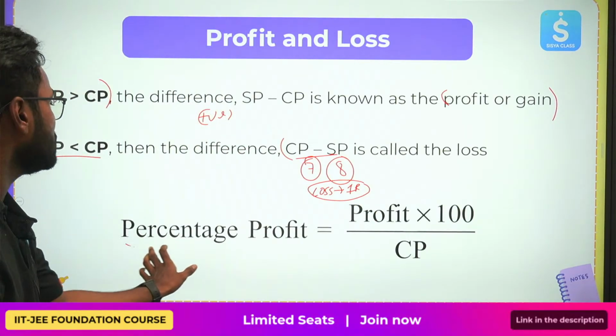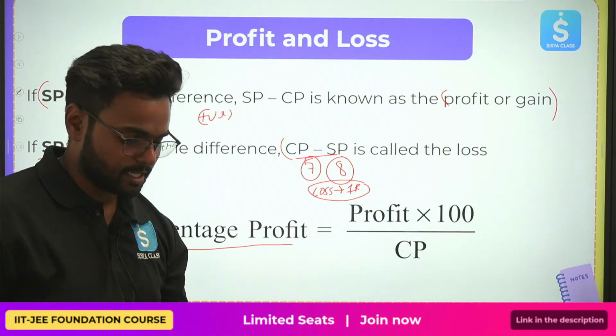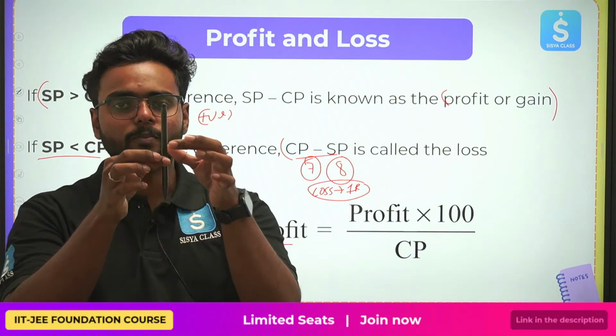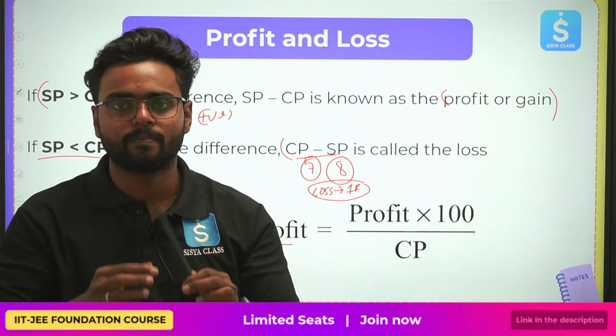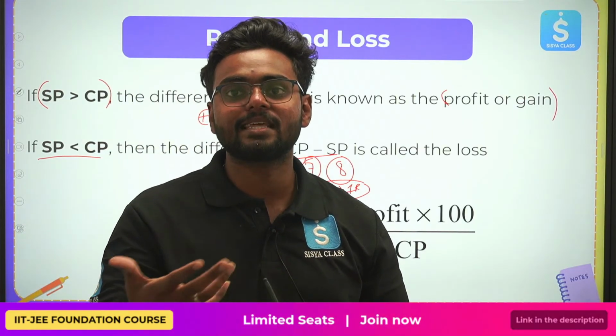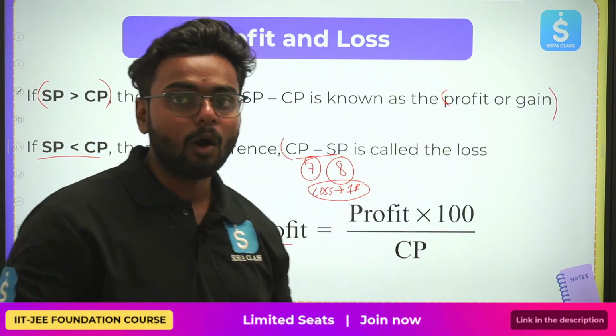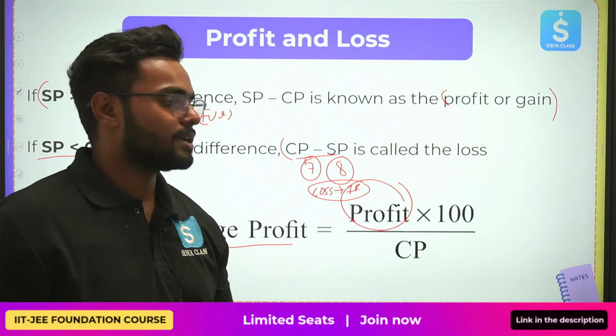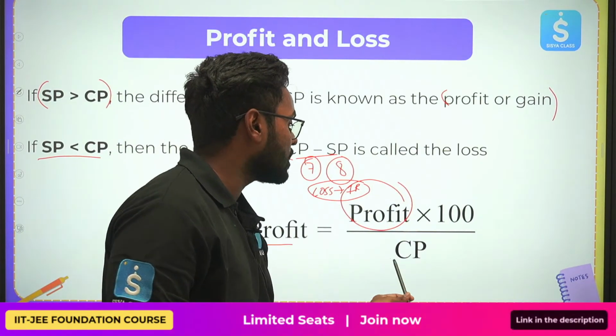Now coming to loss or profit percentage, right? If I am selling this at 10 rupees, where the original cost was 7 rupees, the profit is 3 rupees. What is this 3 rupees in terms of percentage? How would I get it? It is nothing but the profit obtained, that 3 rupees into 100 divided upon the cost price.